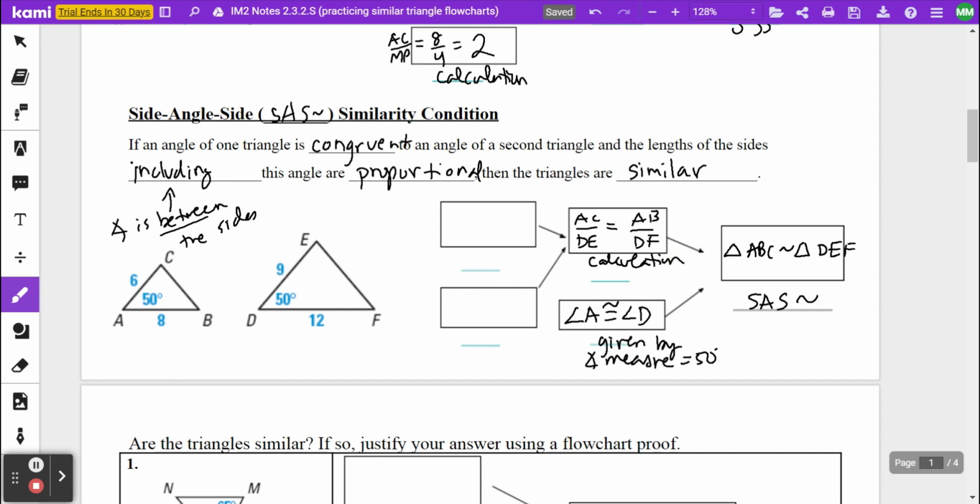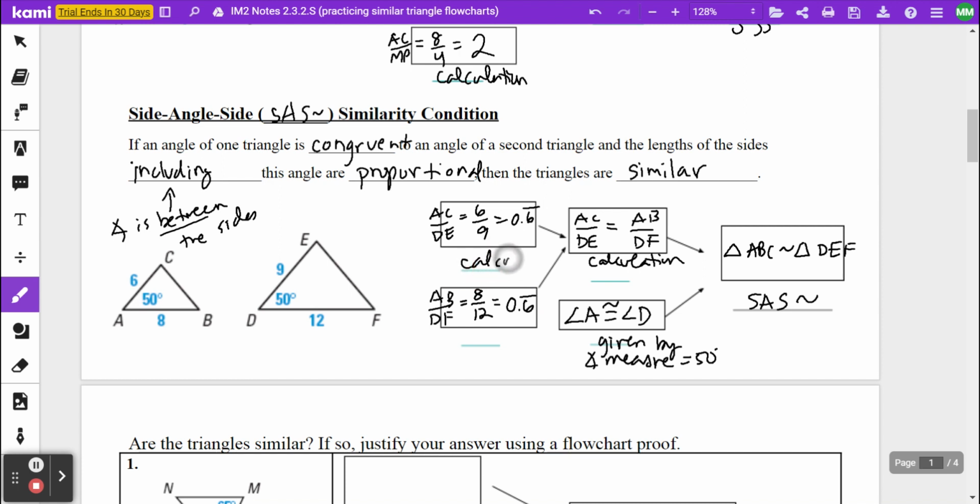Let's see if that works out. What's AC over DE? I have 6 over 9. That's 0.6 repeating. Okay. And the other one, let's check. I want to check AB over DF. AB over DF is 8 over 12. That does also equal 0.6 repeating.